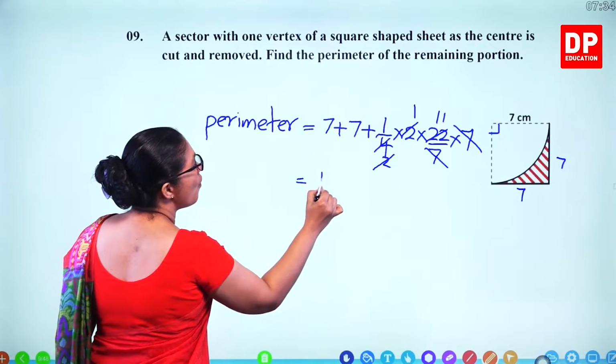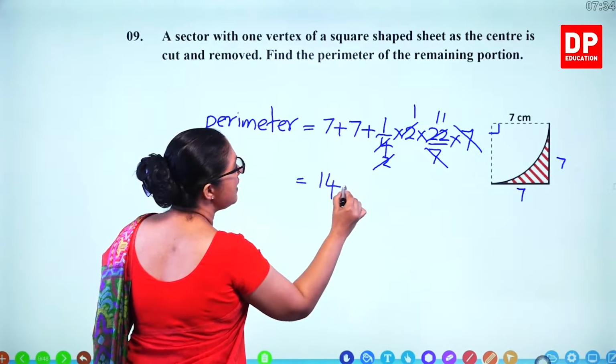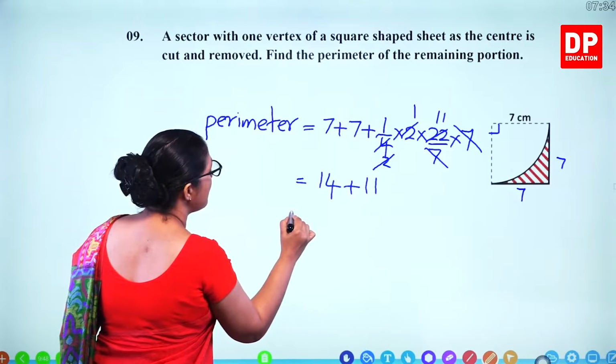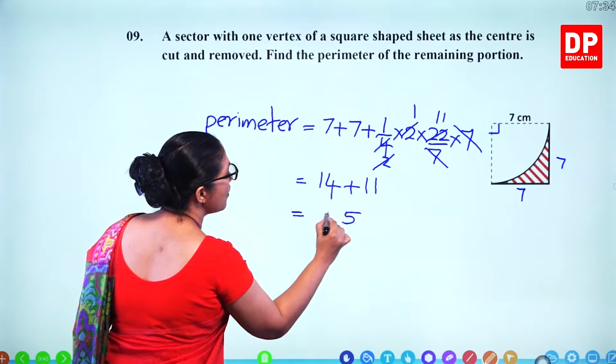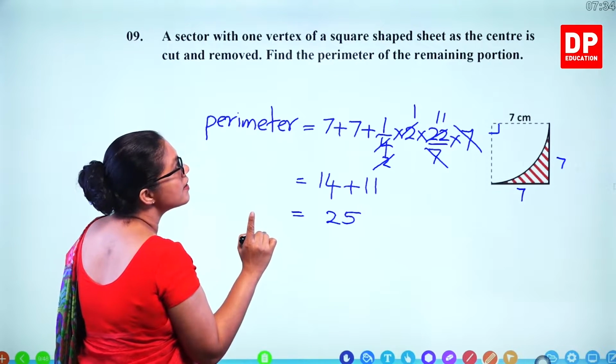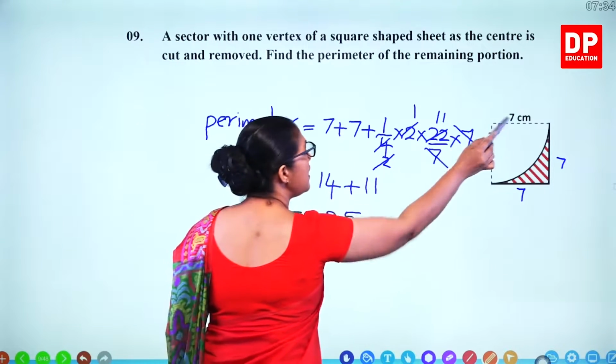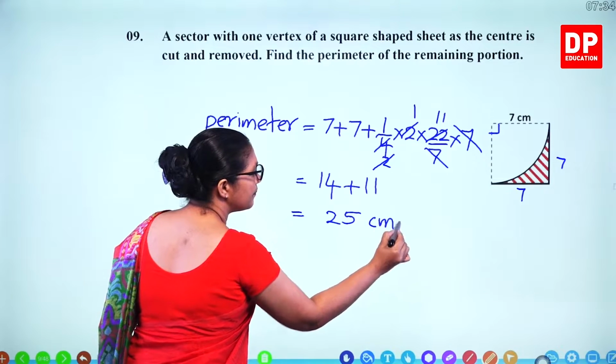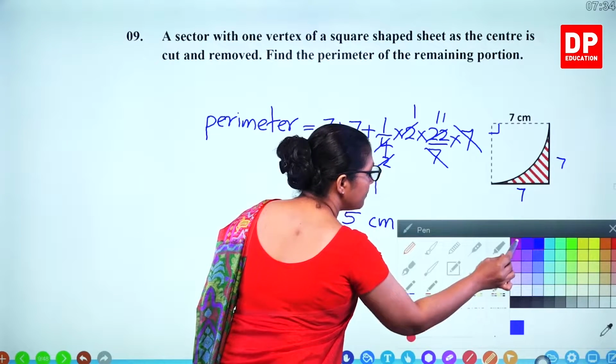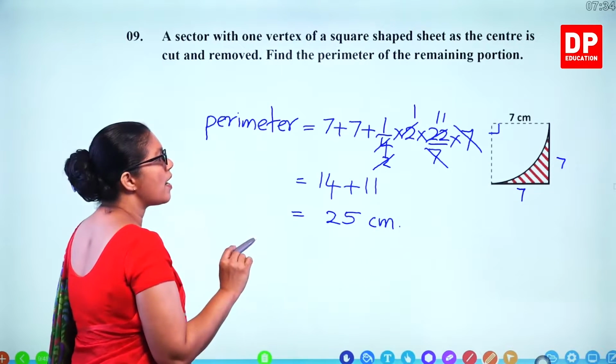So you get 14, 7 and 7 and 11. So what's the perimeter? You get 25 centimeters. Is this centimeters? Yes, it's given in centimeters. So you get 2 marks for that.